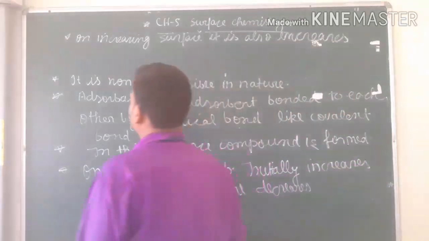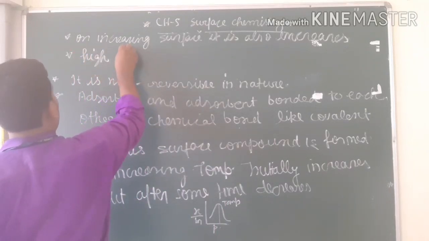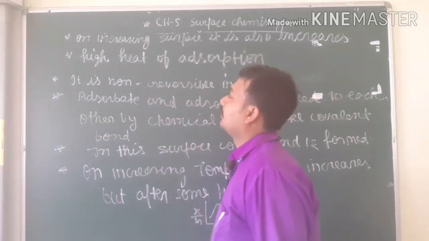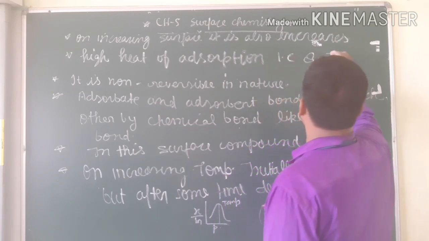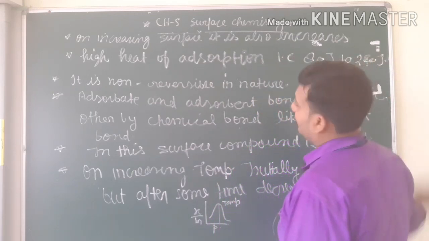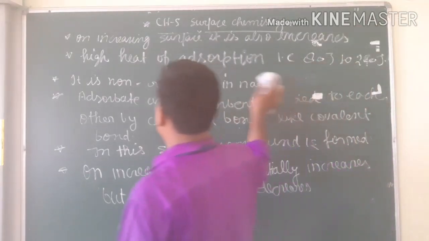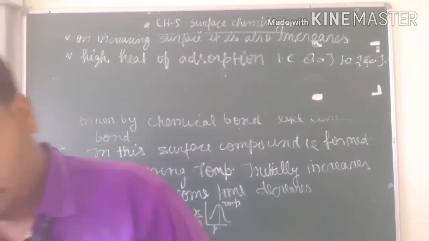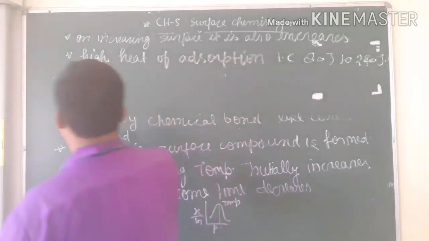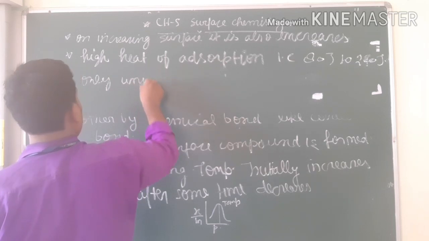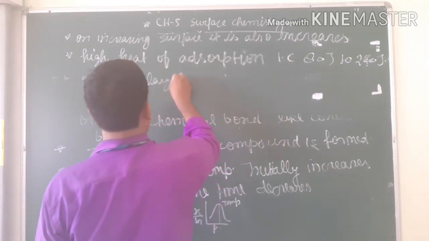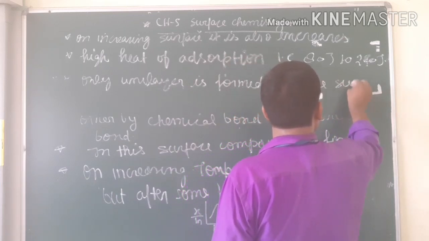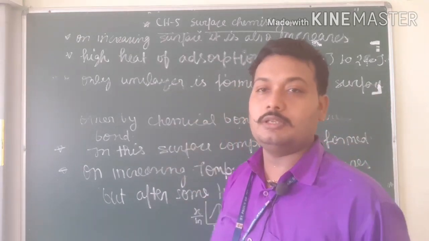Next, high heat of adsorption, that is 80 to 240 kilojoule. Next, only unilayer is formed over the surface.